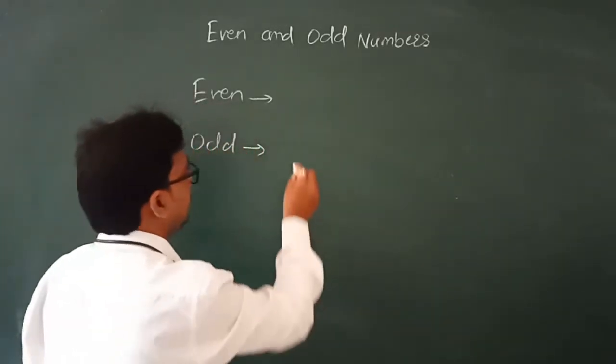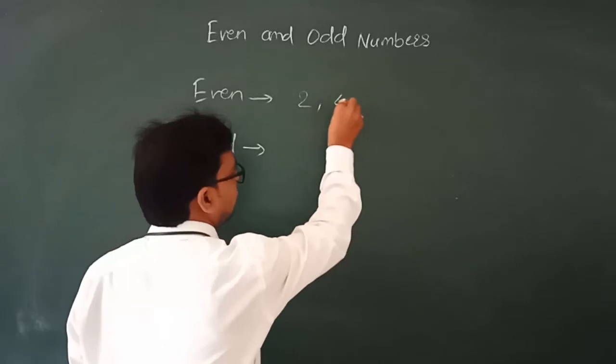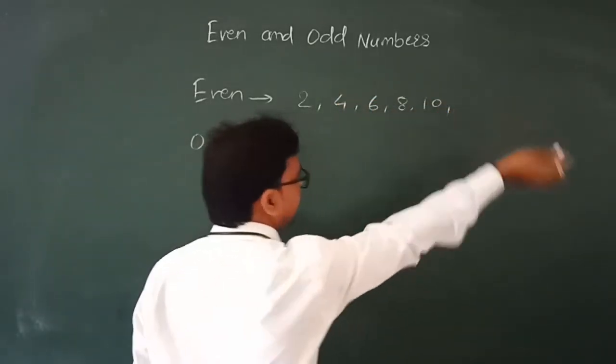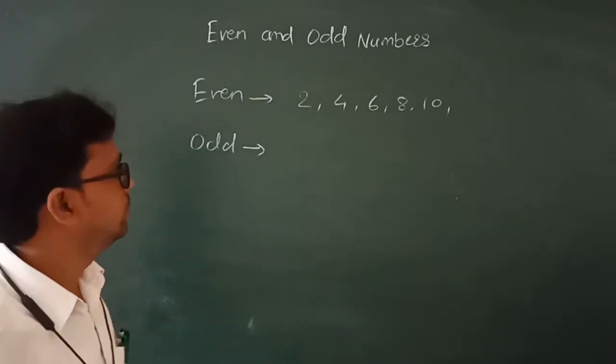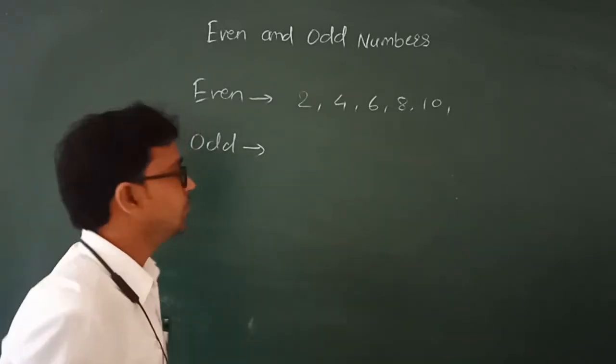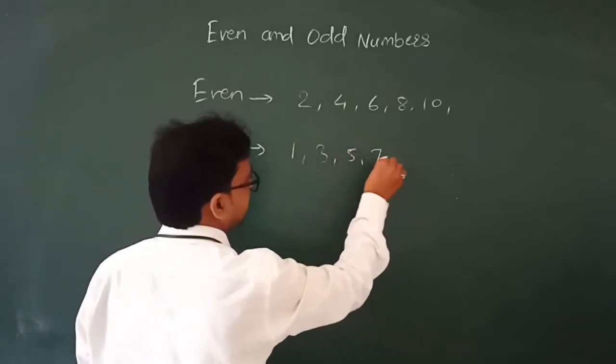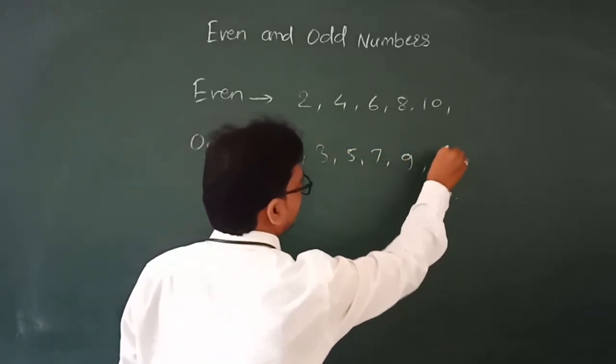Okay, so even numbers are 2, 4, 6, 8, 10 and so on, and odd numbers are 1, 3, 5, 7, 9, 11.